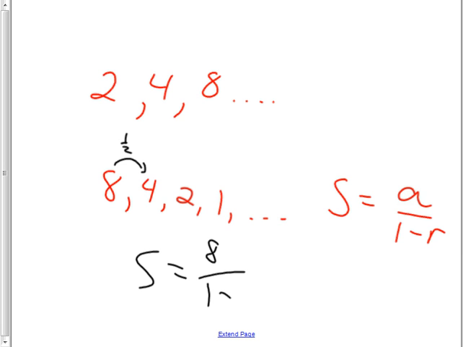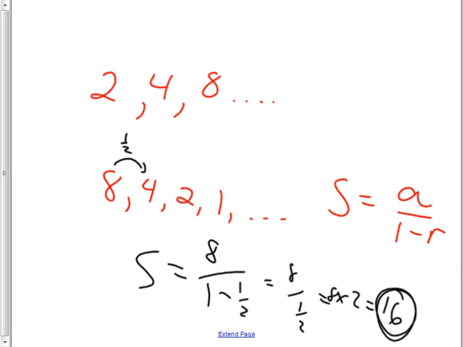All right, so that's 8 divided by a half, which is timesing by 2, which is really 8 times 2, 16. Raise your hand if you had 16. Okay, good. Then devil's in the details. When won't this work? If it's increasing, how do you say that in terms of R?